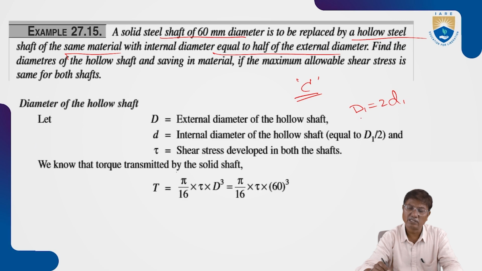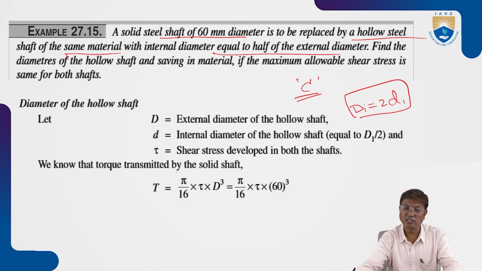So if capital D1 is the external diameter and small d1 is the internal diameter, then small d1 is equal to capital D1 by 2. So we have to find out these diameters.